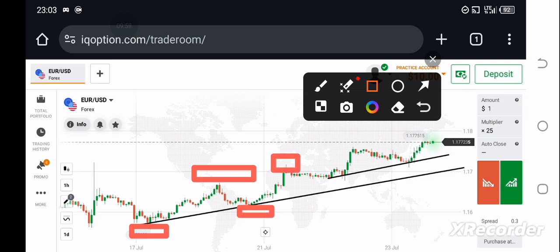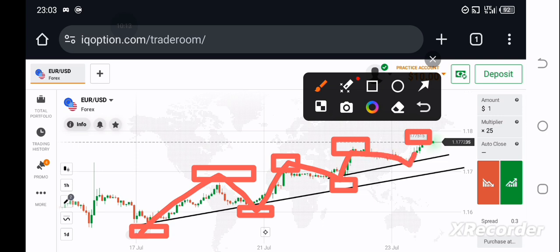This is another high, this is a low, and then currently we are seeing a high. If you connect this like this, you can see a clear trend line. This is a low here, so you can see it is very, very clear.